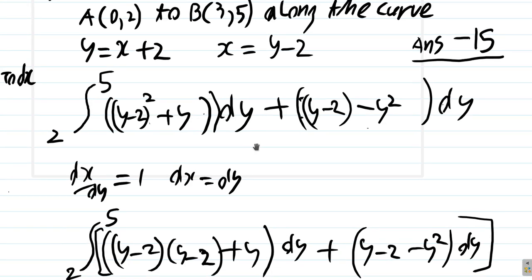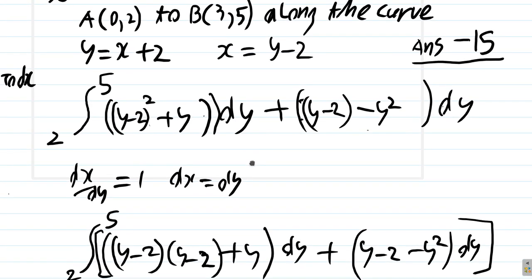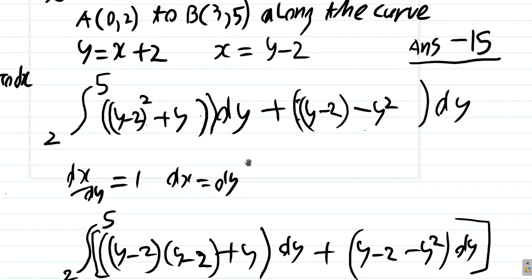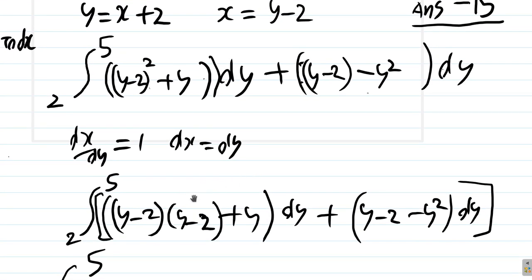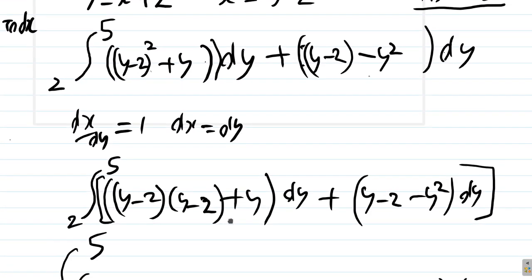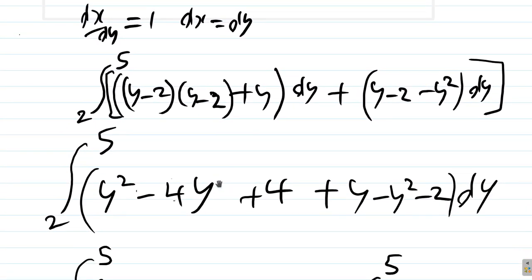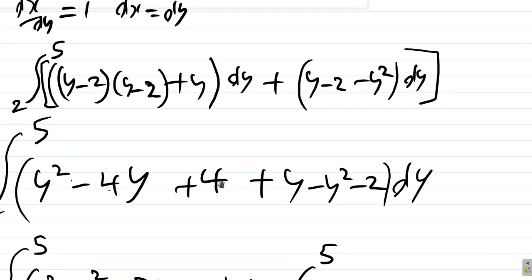And then dx by dy, same thing as dy by dx, dx equals dy. So we integrate all of that. So y minus 2 squared plus y, minus 2 minus y squared. So the integral from 2 to 5 of y squared minus 2y minus 2y is minus 4y plus 4 plus y.